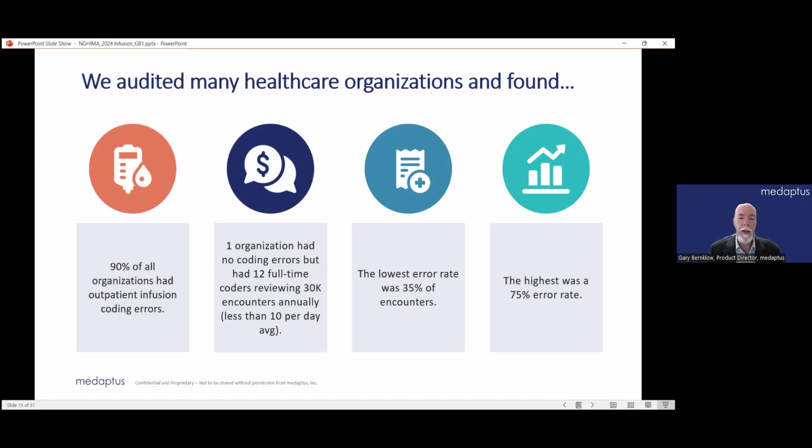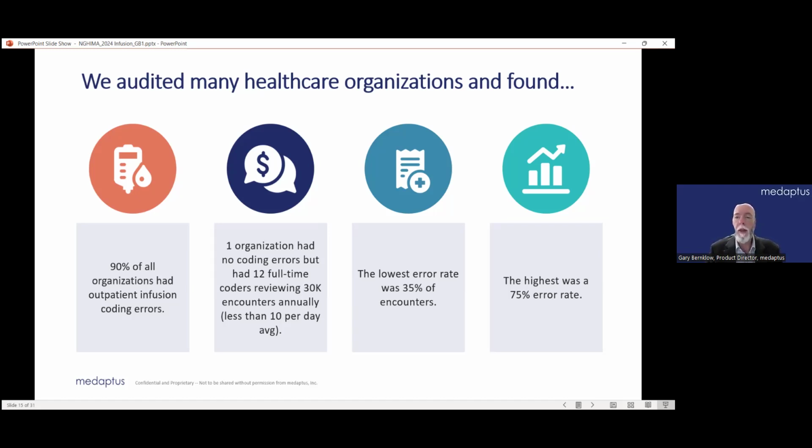These errors were things such as billable units calculated incorrectly or insufficiently. There were a substantial number of organizations that did not bill for their hydration services properly or at all. There was documentation missing for stop times, which resulted in lower charges being submitted.